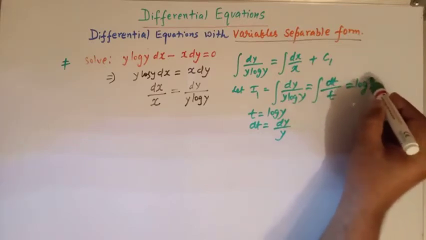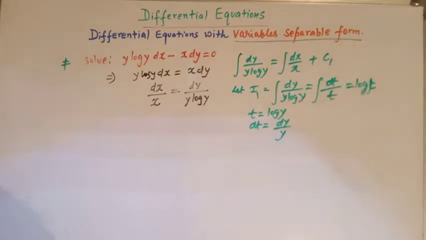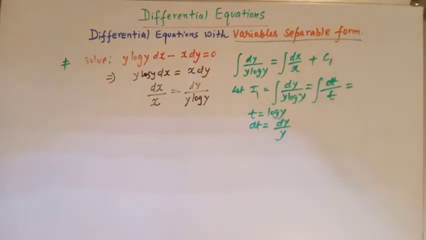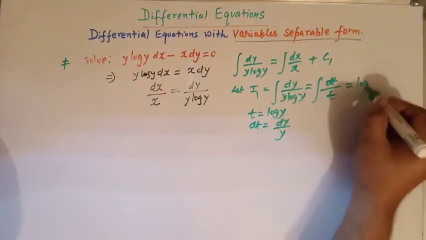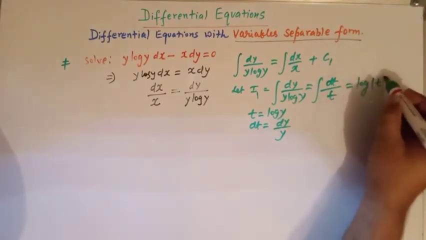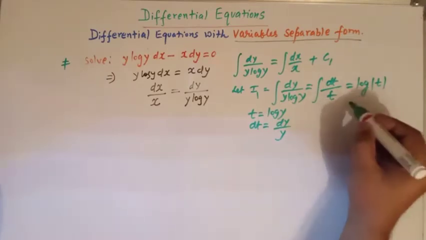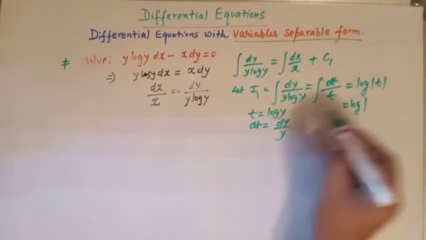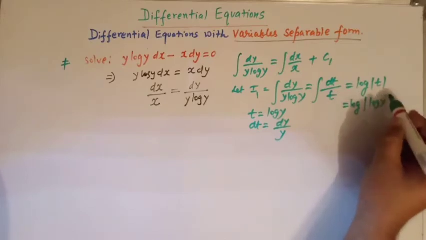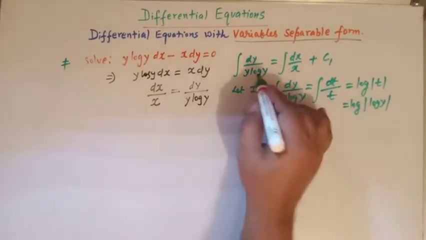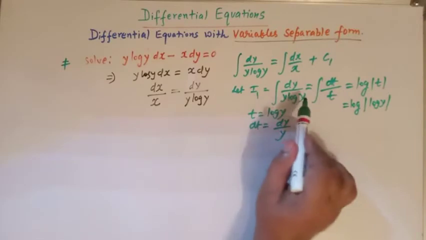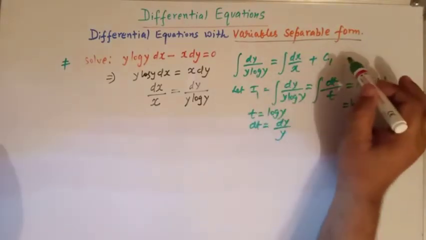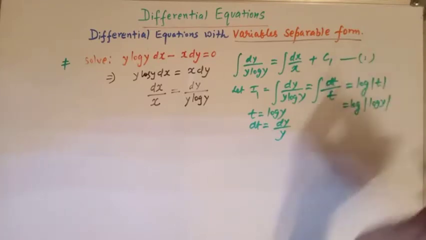Clear? So this is log of t, which can be written as log of log y. Clear? Now let us substitute the value of this integral as log of log y in equation 1.